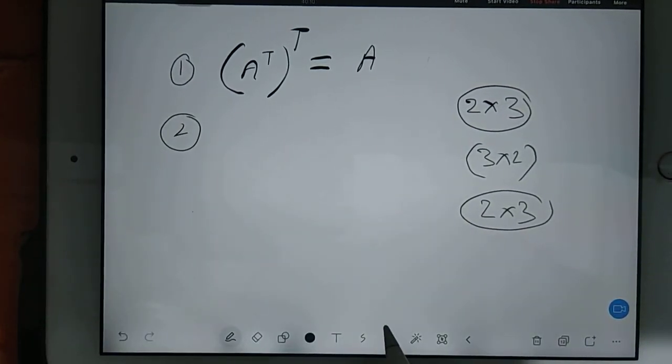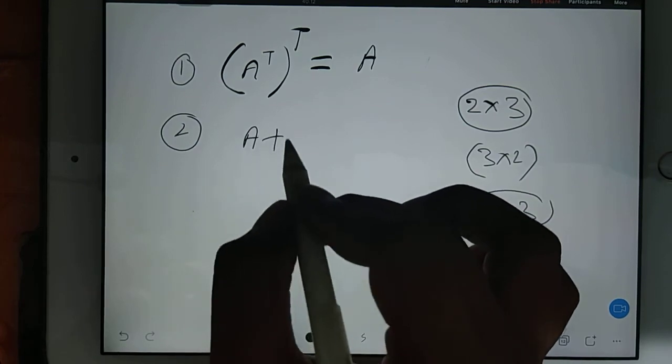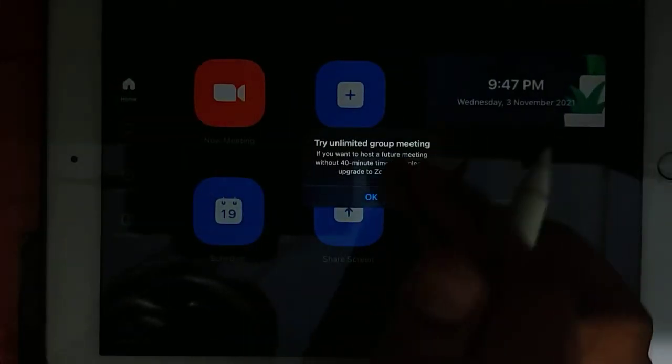Then the second property: if you have added 2 matrices and then taken the transpose.